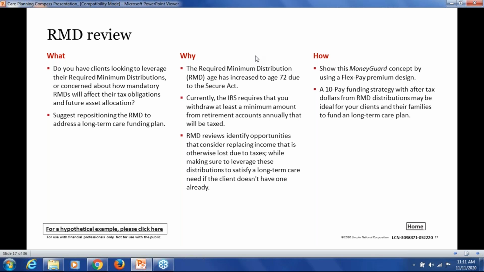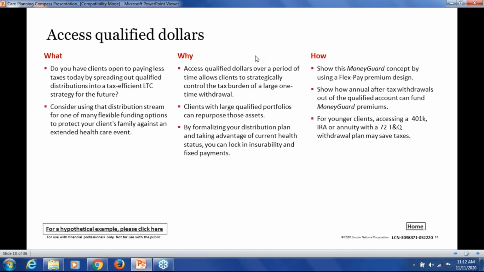So some people take their RMDs not because they need to, but because they have to. So, as I mentioned with that last idea, why not use that stream of income as the funding for a policy? Now it's going to protect the rest of their assets.